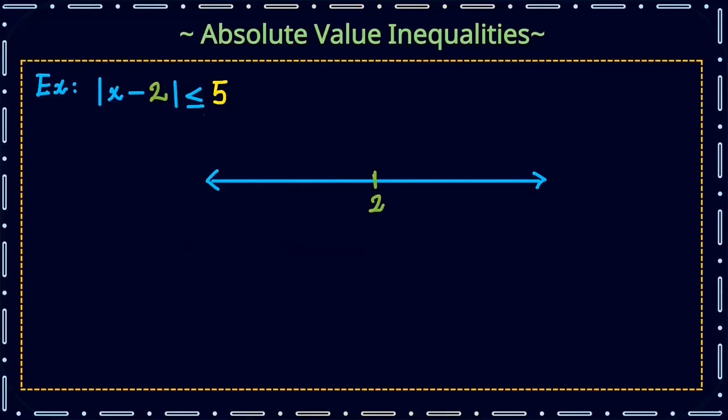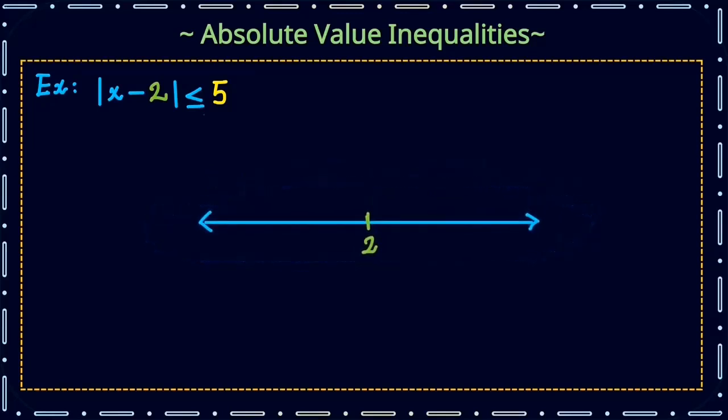Meaning that from this 2, you can go over by 5 and go under by 5. As long as you are within this interval, they will deliver to you. Otherwise, they will not.